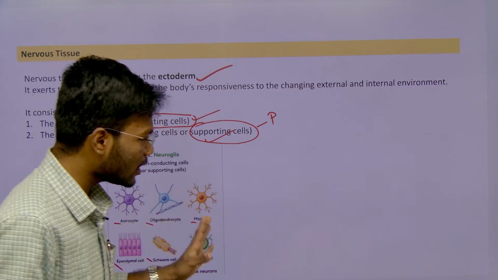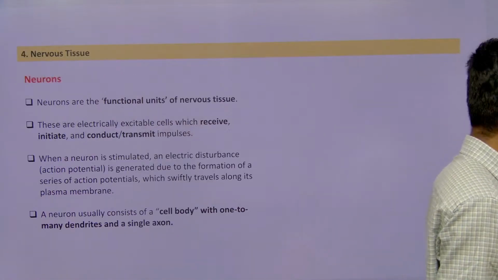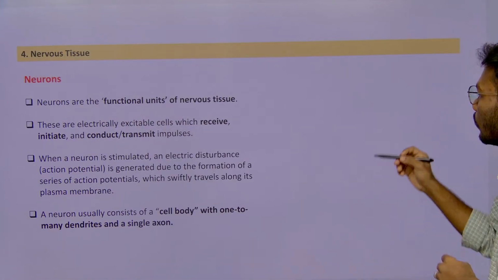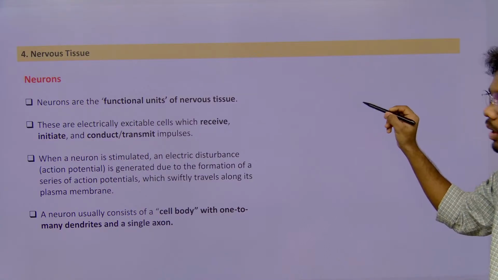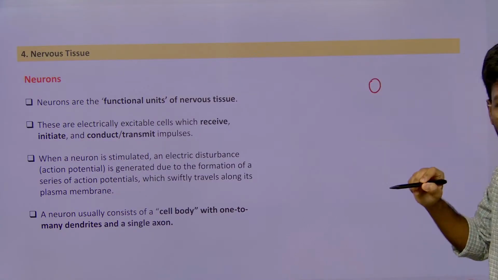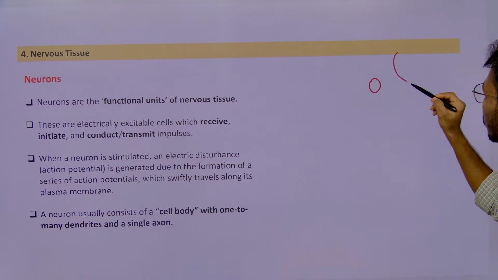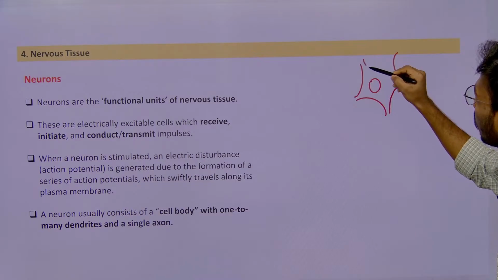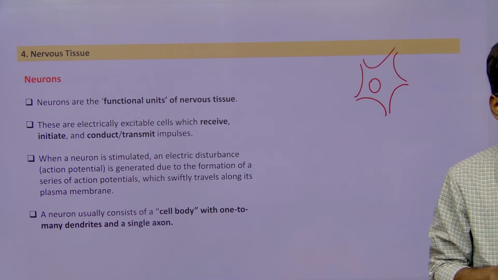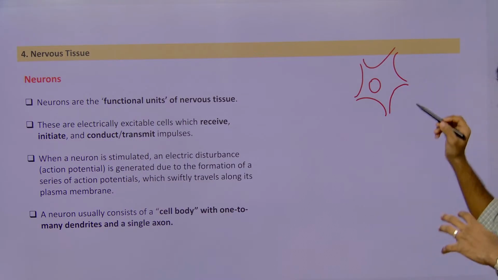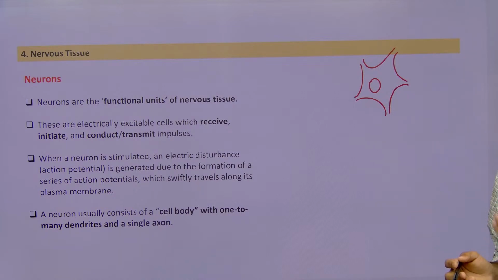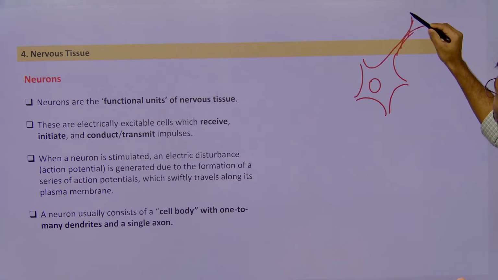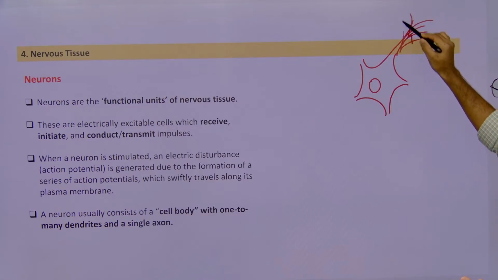Understand? So first of all, we have to know what is this neuron, how the neuron looks, right? Starting with the neuron, we have the center point called the nucleus. The body of this neuron is called what? Soma, right? So we'll draw the diagram first, then we will label everything. This is the branched dendrites.